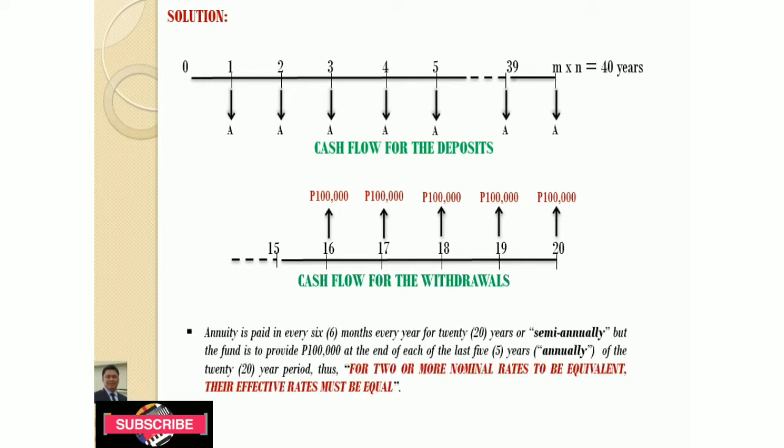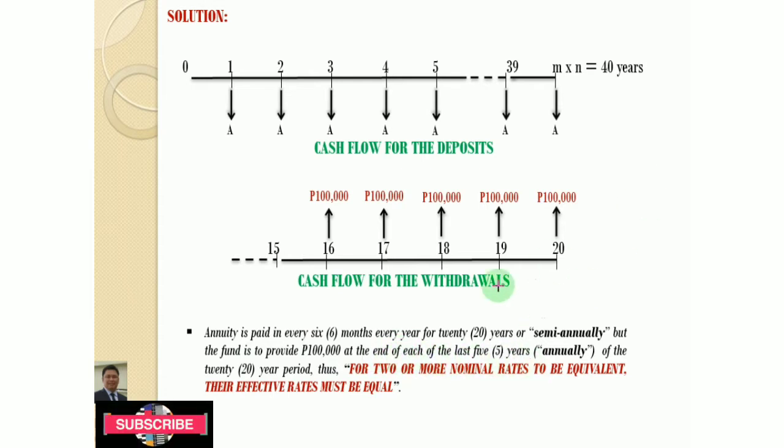Okay, so we have now the cash flow for deposits and the cash flow for withdrawals. And we take note that the annuity is paid every 6 months for 20 years, with these semi-annual compoundings, but the fund is to provide 100,000 at the end of each of the last 5 years.